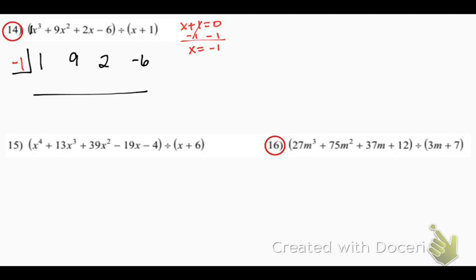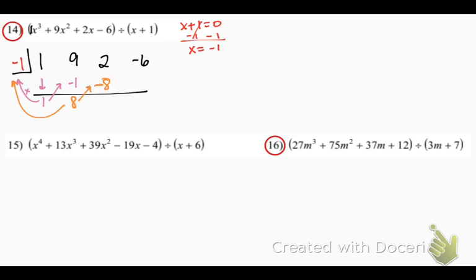So I know this is really old. We've been doing this for a while. First, I'm going to bring down the 1. Then I'm going to multiply. So 1 times negative 1 is negative 1, so that's going to come up. 9 minus 1 is 8. I'm going to multiply. 8 times negative 1 is negative 8.